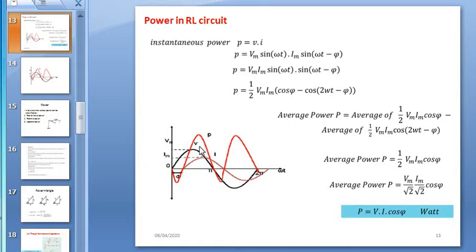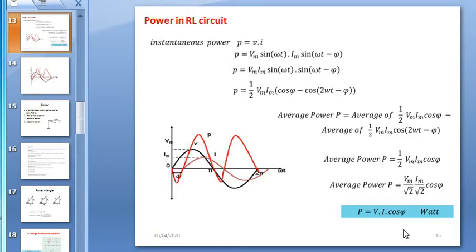The inductor will store energy in this positive waveform. The inductor will return some energy in this negative part. Since the positive is not exactly equal to the negative, the inductor is consuming power. For a pure inductor, the positive half cycle and negative half cycle were exactly equal to each other.